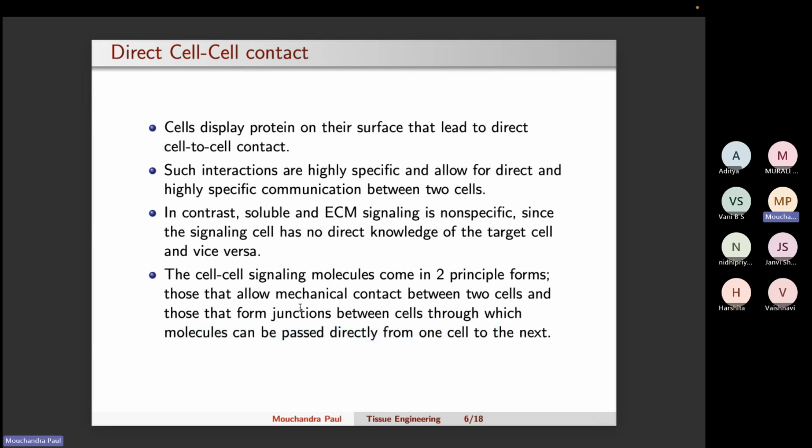One is a tight mechanical contact where there is no passage for any molecules. The other has passages of fixed diameters that only allow molecules of fixed diameters, so only very small molecules can be transported from one cell to another.